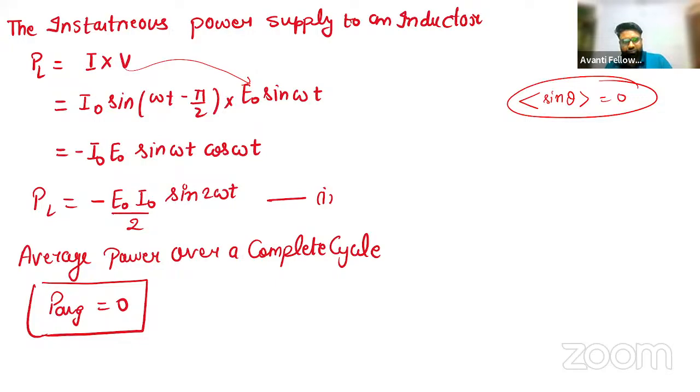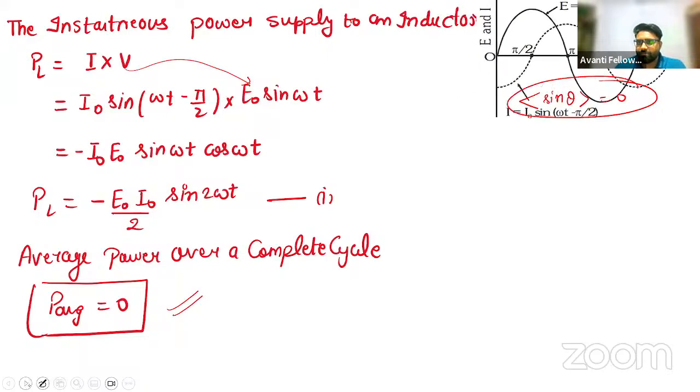Here, this sine 2 omega t is nothing but the omega. Clear? So average power across the inductor is zero. Clear?